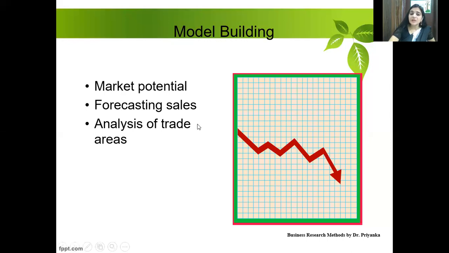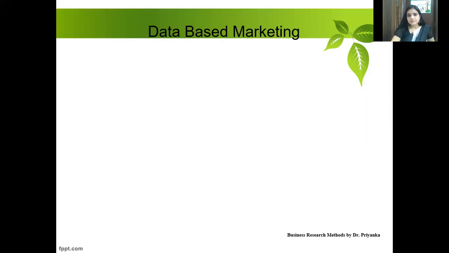Then analysis of trade areas. If you have sales data all over the country, or all over the world, then you can check which are the areas where sales is good and which are the areas where sales is not good. Maybe you want to find a new area where your product should be sold. Then it is done with the help of analysis of trade areas.